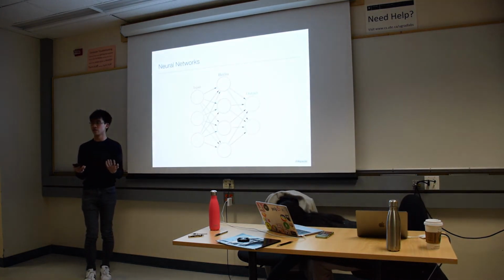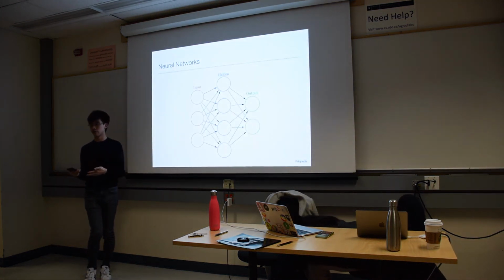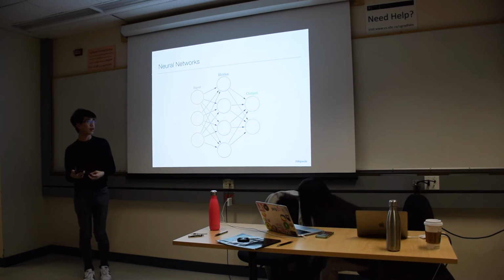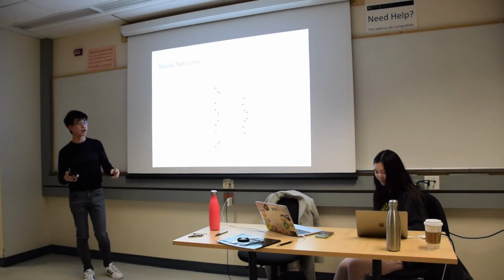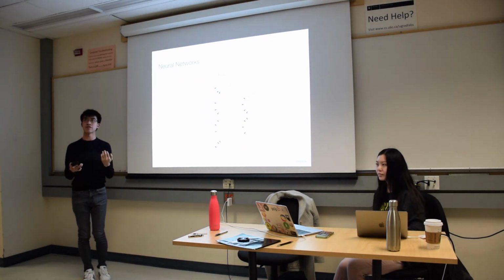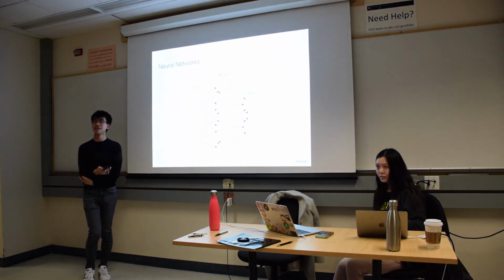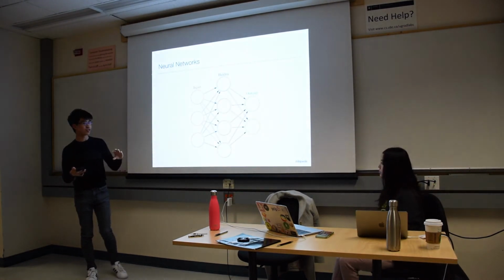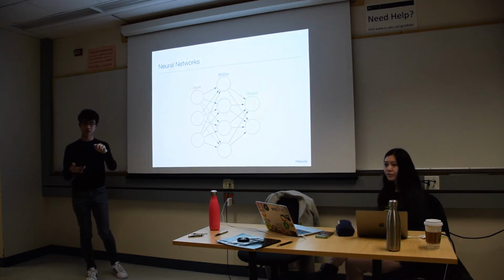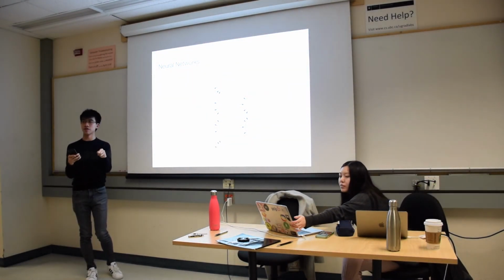A lot of things in the real world can't be modeled by a linear function. And so back in the 60s and 70s, computer scientists had this idea of building neural networks modeled after how our brains work. And I'm not a biologist, but to a rough approximation, how our brains work is like a series of neurons, and if the action potential is high enough, a neuron will trigger, and the neurons are connected to other neurons, right?